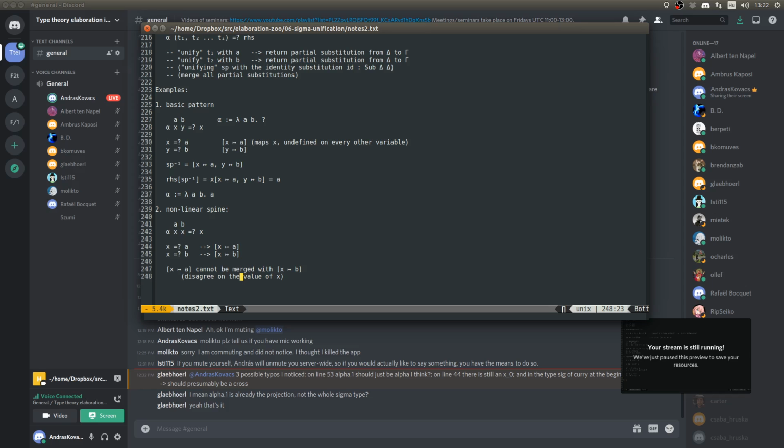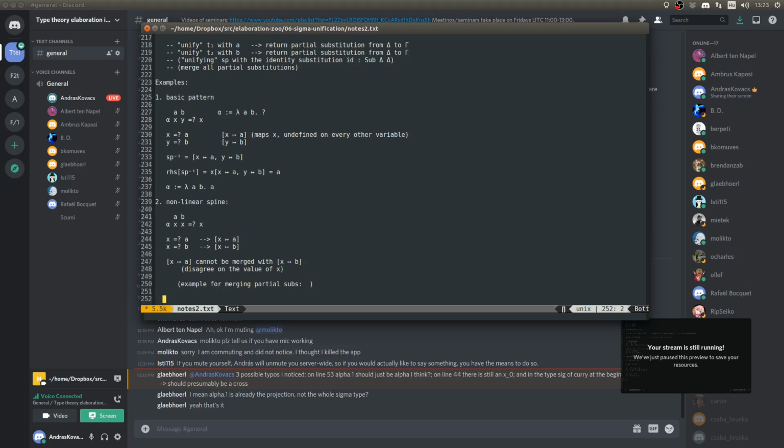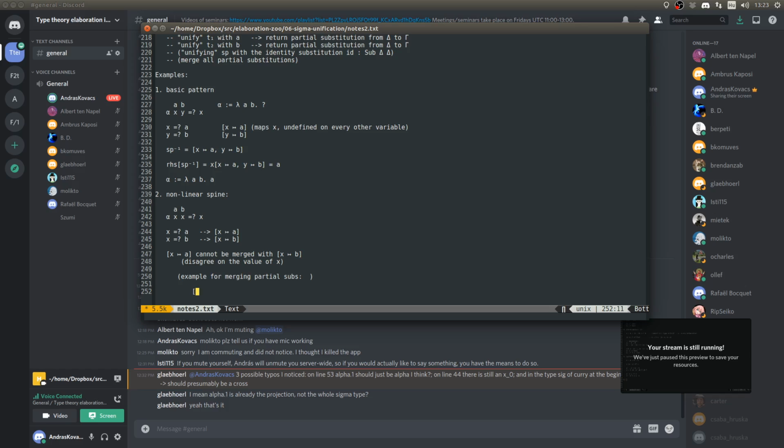So let's look at an example for merging partial substitutions. For example, I can have x mapped to true, which is a substitution going from the empty context to x bool and y bool.